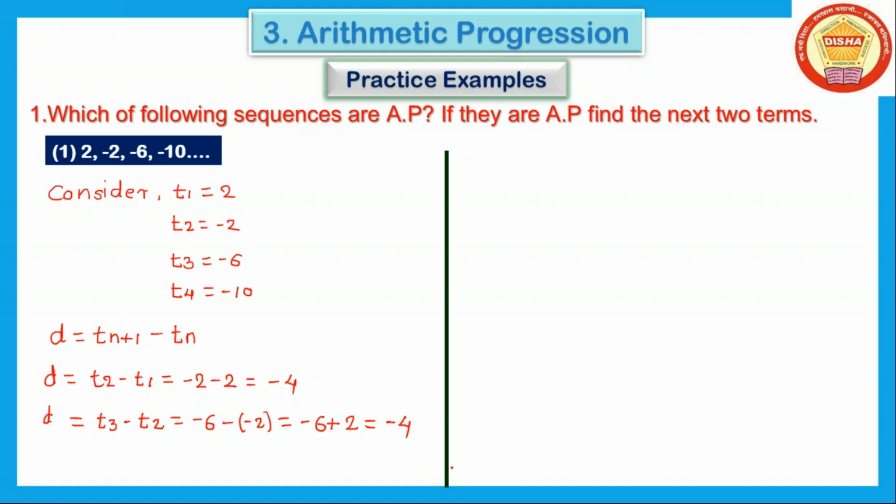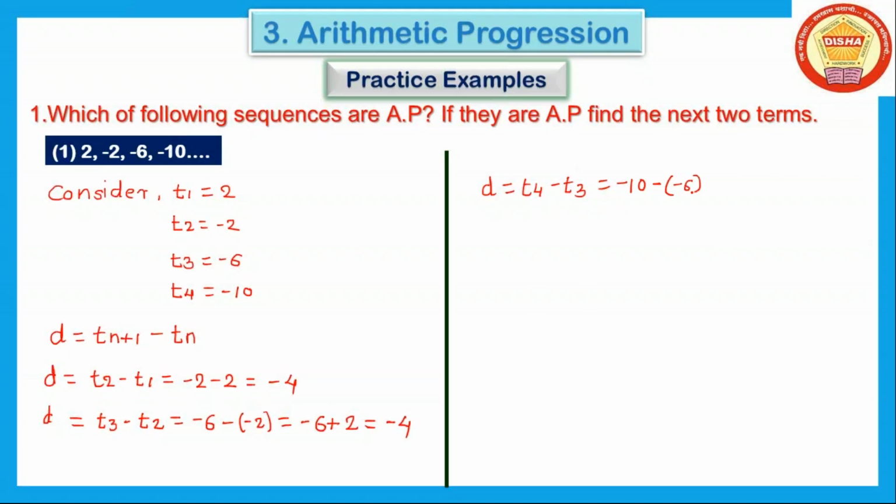Again we find the common difference for the next terms: T2 minus T1, then T3 minus T2, and again T4 minus T3. The fourth term is negative 10, minus the third term which is negative 6.